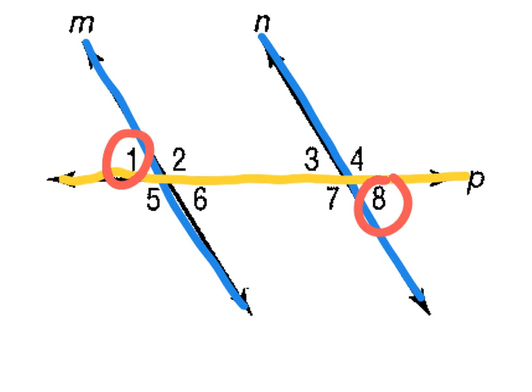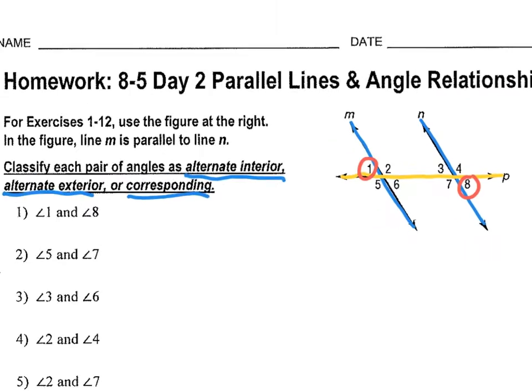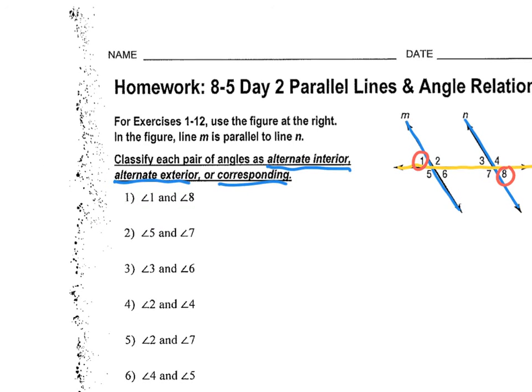Angles 1 and 8 are on the outside of the parallel lines, and they are on alternate sides of the transversal line. Because they're on alternate exterior sides, we are going to call these alternate exterior angles. I'm going to label it AE for now, for alternate and exterior angles.